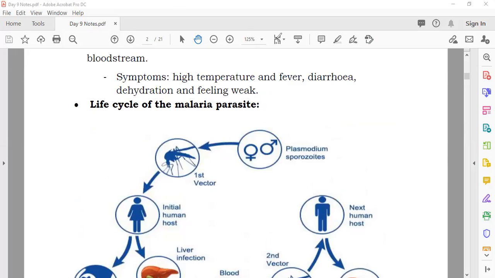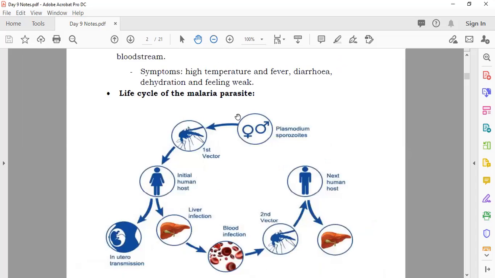If you talk about the symptoms of malaria, you can say high temperature and fever, also diarrhea, dehydration, and feeling weak. So these can be the symptoms of malaria. Here I will explain this cycle, and after that I will show you the video also, so it will give you a better comprehension.